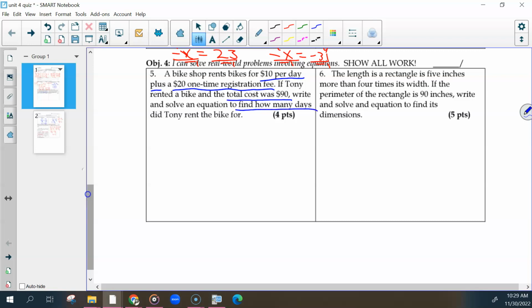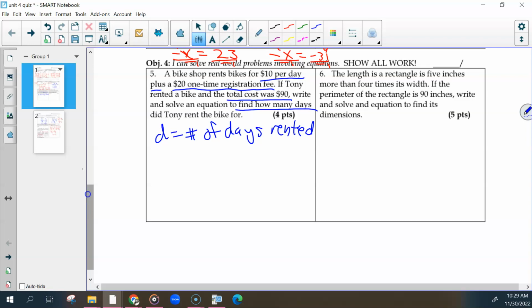So you need a variable to represent what you're looking for. Doesn't matter what that is. Some of you put per day, number of days. However, you just need to be specific. If you just put days, I don't really know what you're talking about.